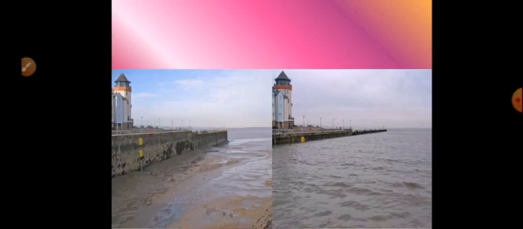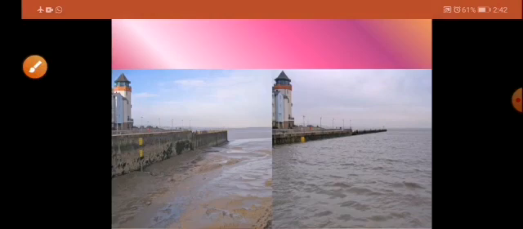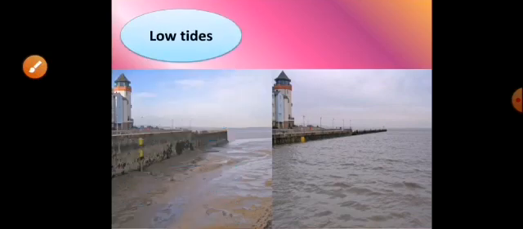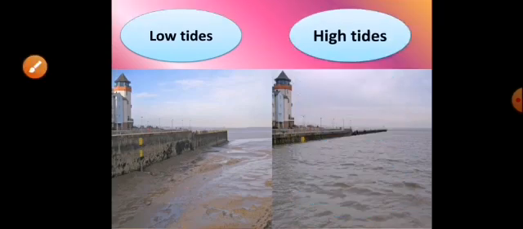Here, can you tell me where the high tides and where the low tide are, and what causes the high tides? In this picture, will it be high tides or low tides? Excellent, it will be low tides. And when the height of the ocean water changes and starts to increase, we call this high tides.